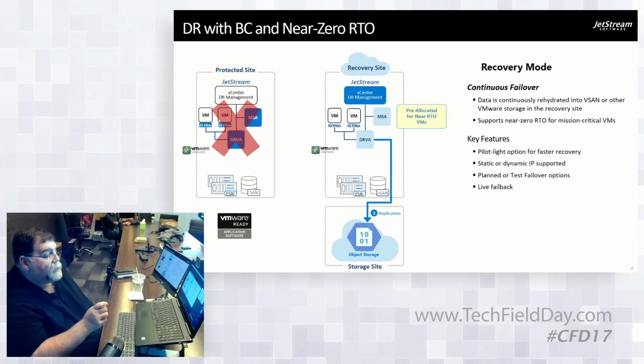The key thing here is, regardless of the amount of protected data, the RTO in this case is really driven by the amount of time it takes to transfer the ownership. So in the demo, you'll see that it's about 5 to 6 minutes. And again, the key difference is we're not waiting for all of that rehydration to happen. Most of it's happened already.